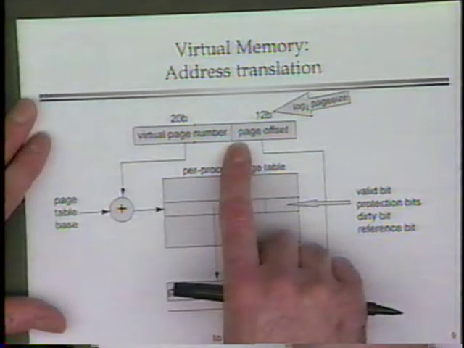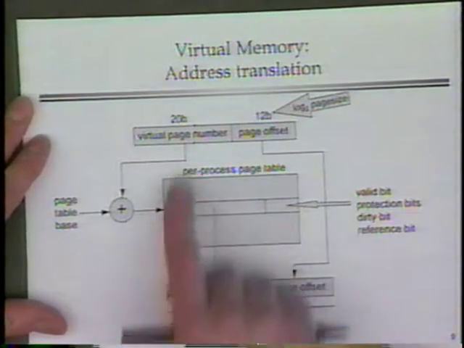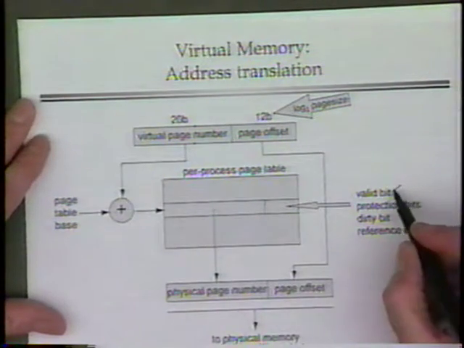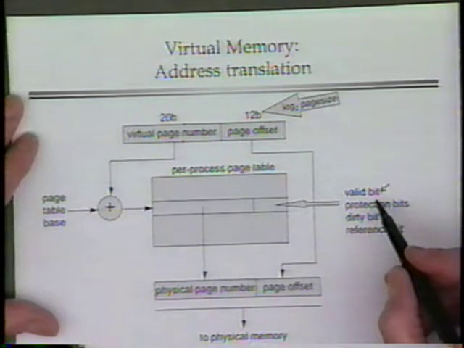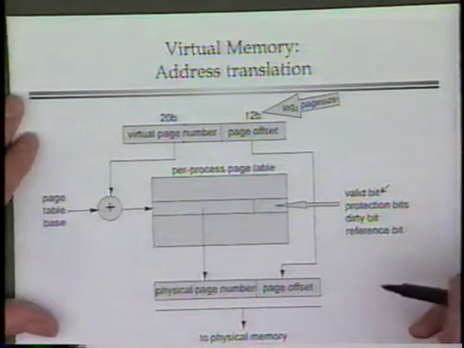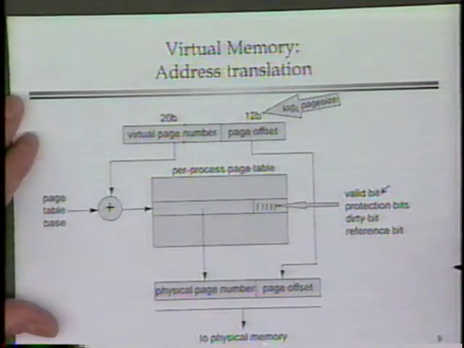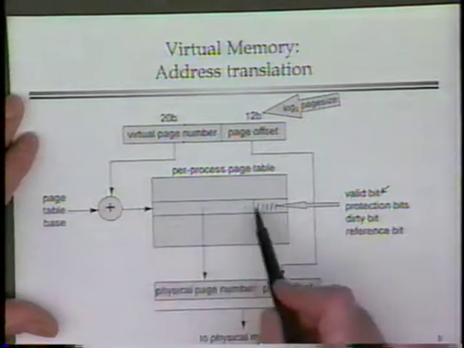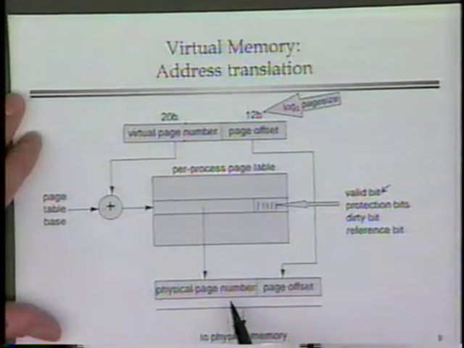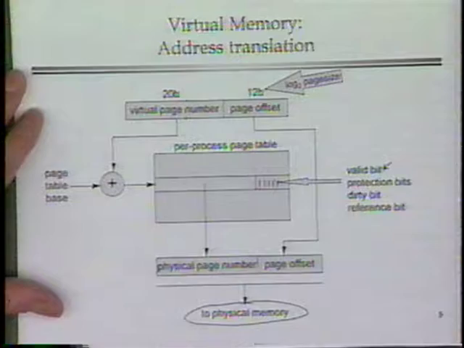We're going to take this entire virtual page number, use it as an index into this gigantic table that says for each possible virtual page, what is the status of that page? Number one, is it a valid page? Does this process get the right to use it? And is it in main memory so that it can access it at some location in real physical memory? So that's one of the sort of extra bits that has to get stored along with it. If it is valid, then the rest of the entry in this page table contains the real physical page number, the place where that page currently lives. You concatenate that with the leftover bits, which are the page offset, and you send that to physical memory.